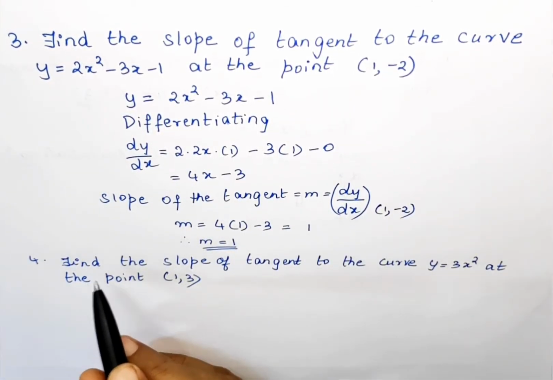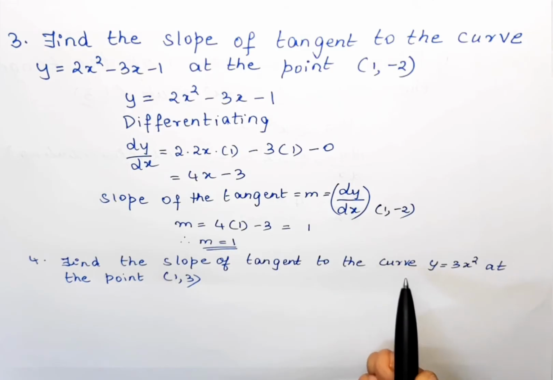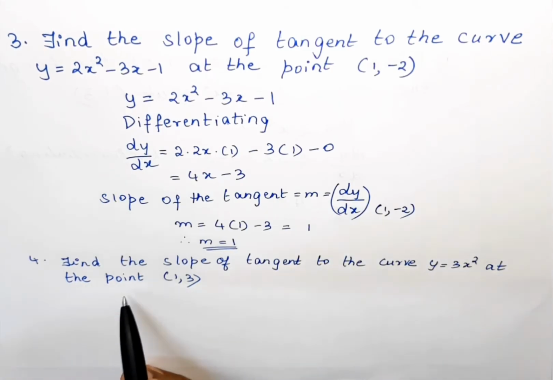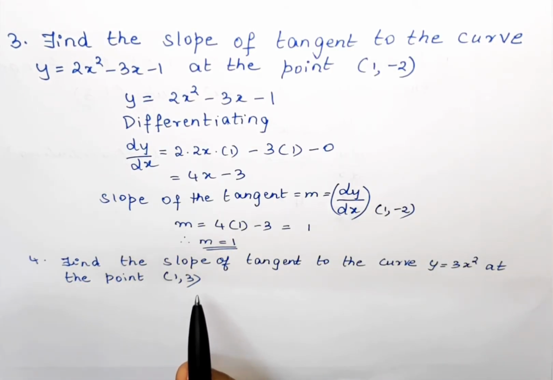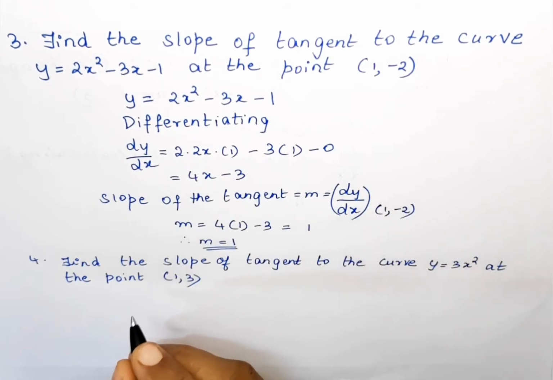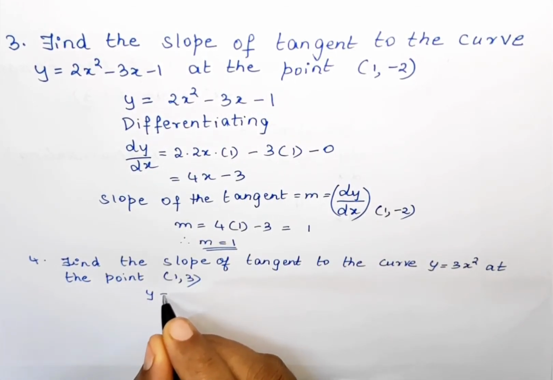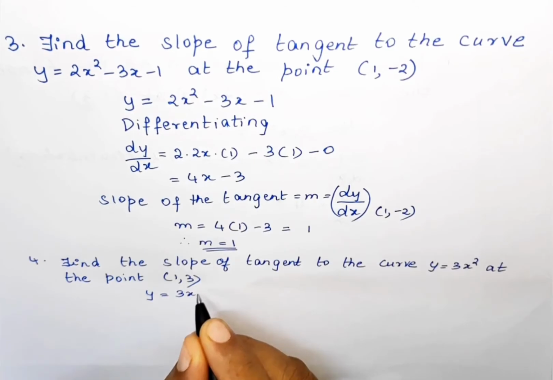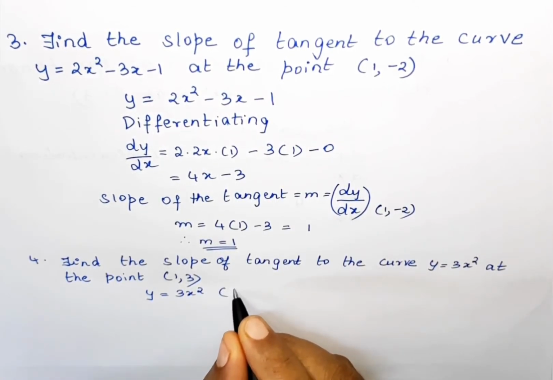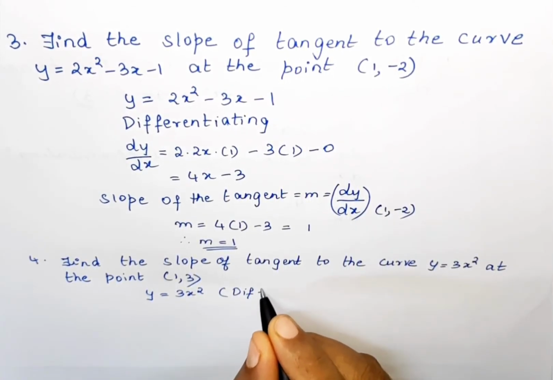Now let us solve question number 4. Find the slope of the tangent to the curve y is equal to 3x square at the point 1 comma 3. We will solve this sum in the similar way we have solved question number 3. So let us first write the equation y is equal to 3x square.